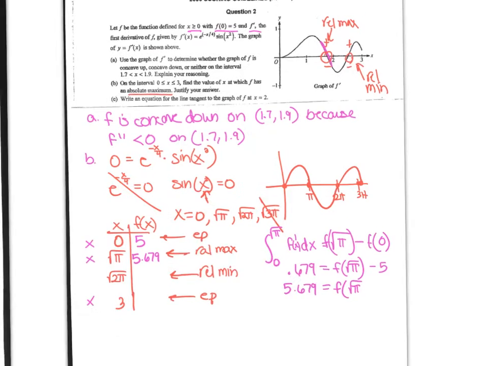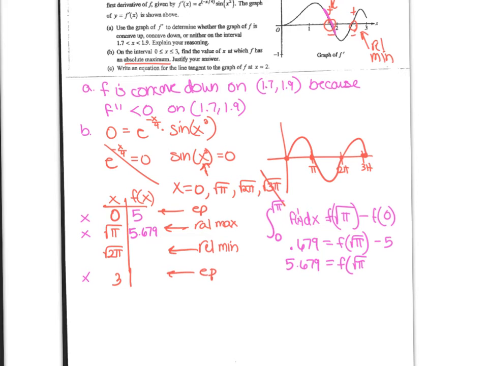We also have to find the function value at 3. So we're going to do our integral again, using our first fundamental theorem of calculus. We know that the integral of a derivative just equals the function value minus the function value of your lower bound, okay?